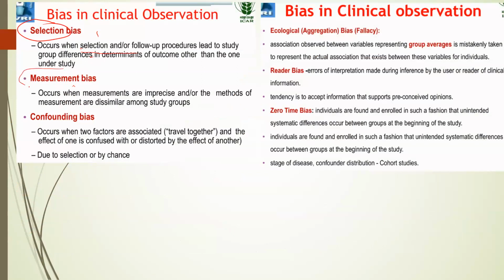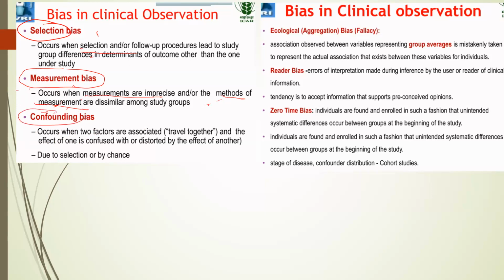Then what is measurement bias? Measurement bias is whenever the measurements are imprecise, or different methods are used for measuring the same thing between the two groups. So that is nothing but measurement bias. So remember, either the values are imprecise or the methods used are not similar.